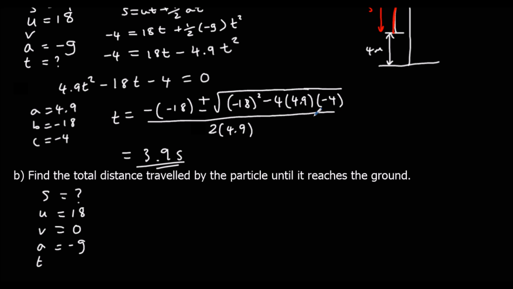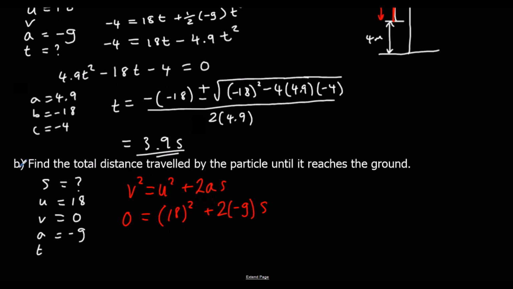So which equation doesn't have t in it? That's v squared equals u squared plus 2as. So we've got 0 squared equals 18 squared plus 2 times negative g times s. So 0 equals 18 squared, which is 324, minus 2gs.